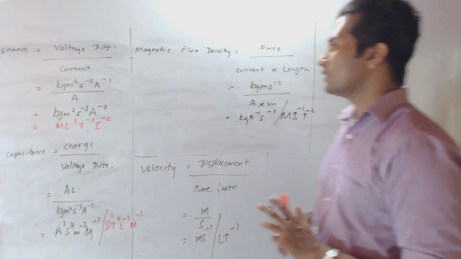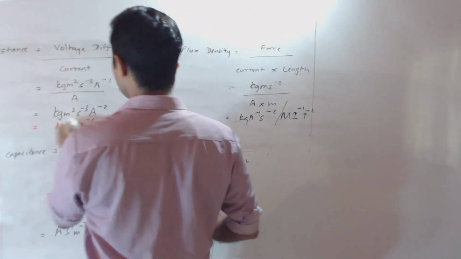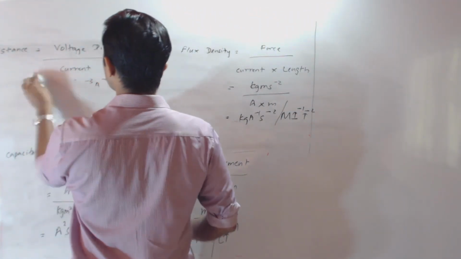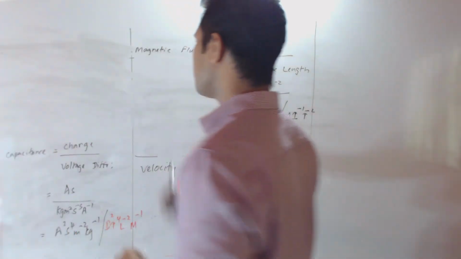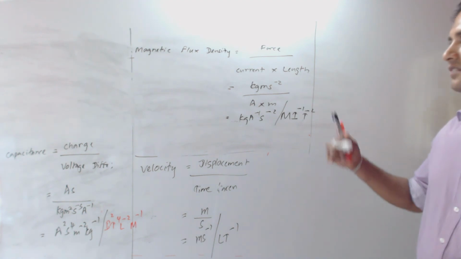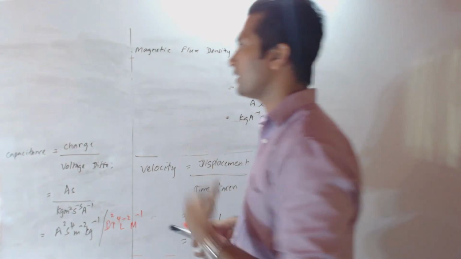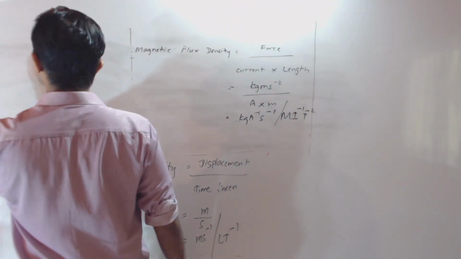Let's move on to another physical quantity under magnetic field. There's a close relationship between magnetic flux density and the next physical quantity, that is magnetic flux.